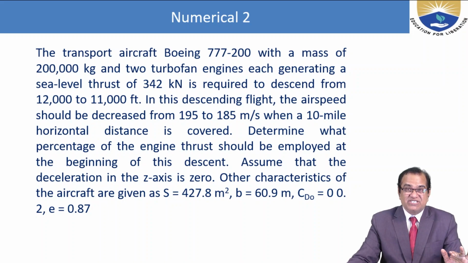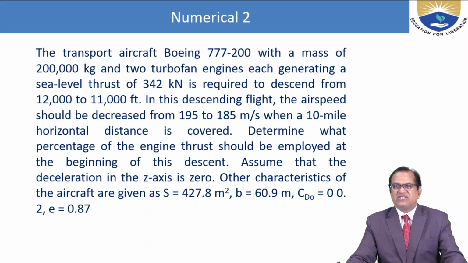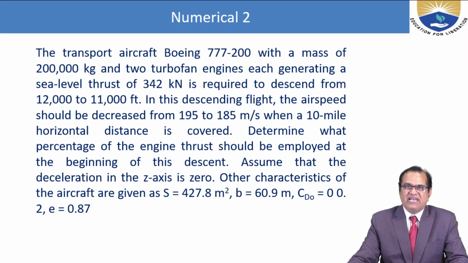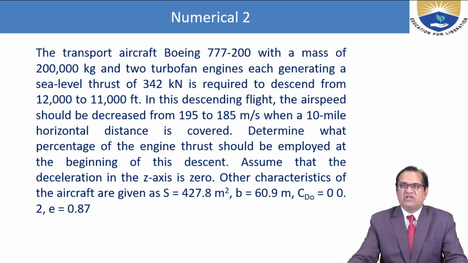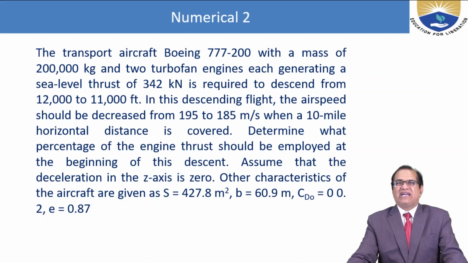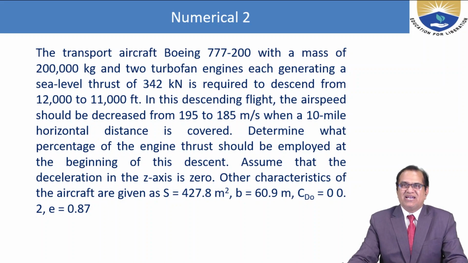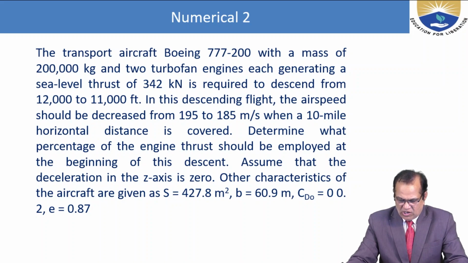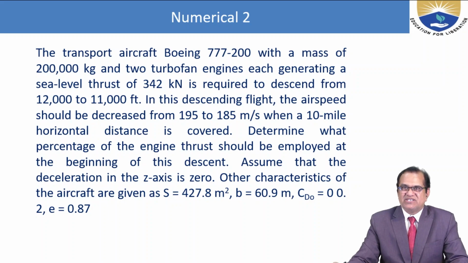So the aircraft is descending. In this descending flight, the airspeed should be decreased from 195 to 185 meter per second when a 10-mile horizontal distance is covered. Determine what percentage of engine thrust should be employed at the beginning of this descent.